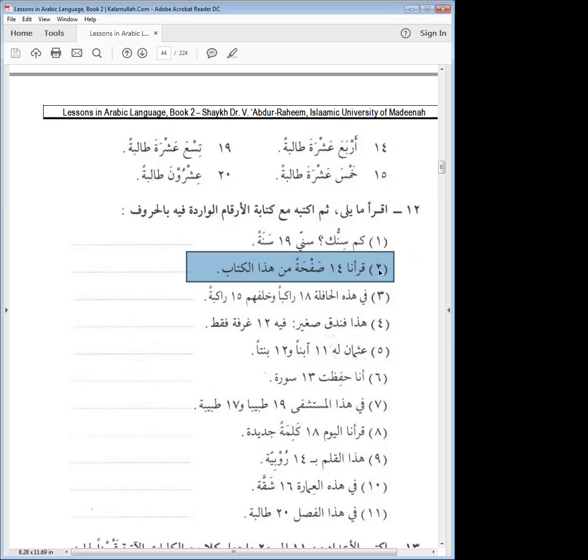Any volunteers? Thalatha. Right. في هذه الحافلة. في هذه الحافلة ثماني عشرة.